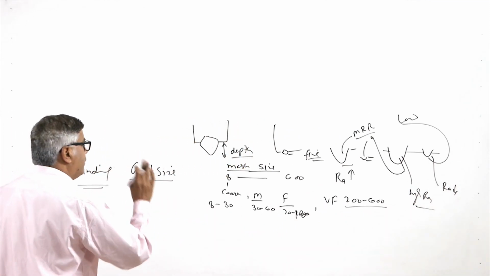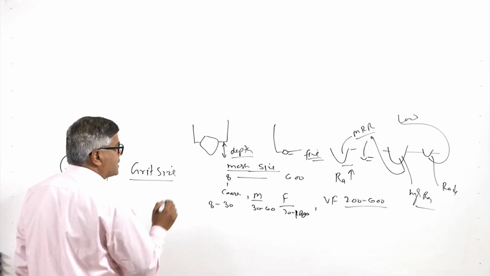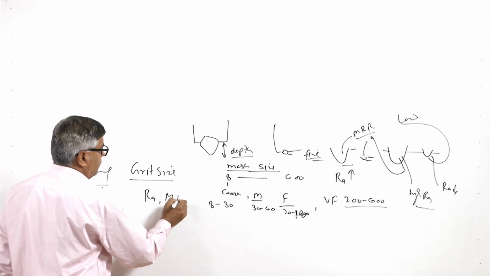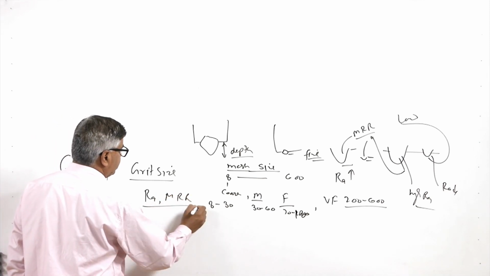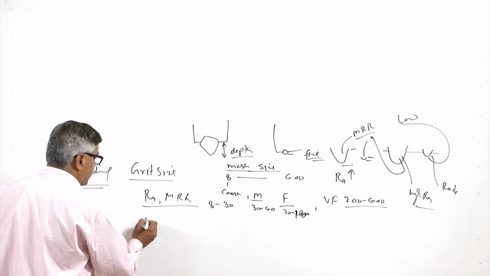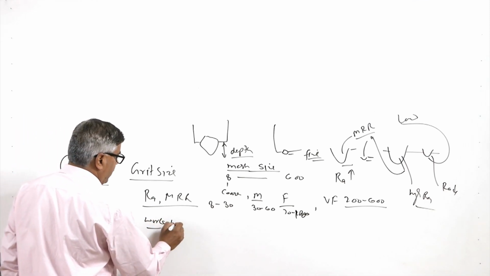Apart from the effect of the grit size on Ra or the surface roughness or the metal removal rate, grit size selection is also influenced by the work material hardness.